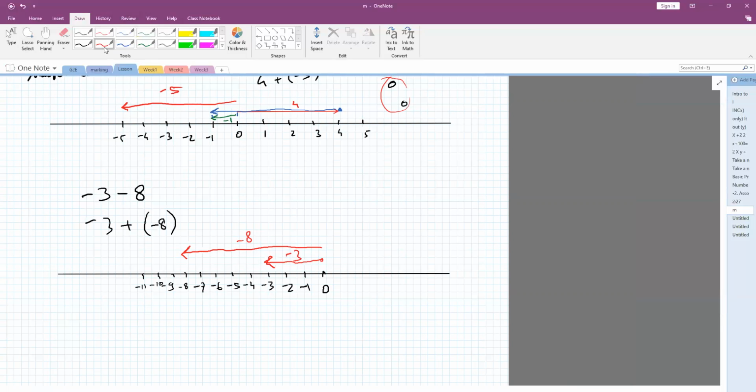And then if you want to add them, you will have now a longer arrow to the left, and the length of it is 11. But because it's going to the left, see? It's negative. So that's how you look at this question. -3 minus 8 is -3 plus -8. Or when you look at the number line, you see actually what happened is you just add those arrows and then you get -11.